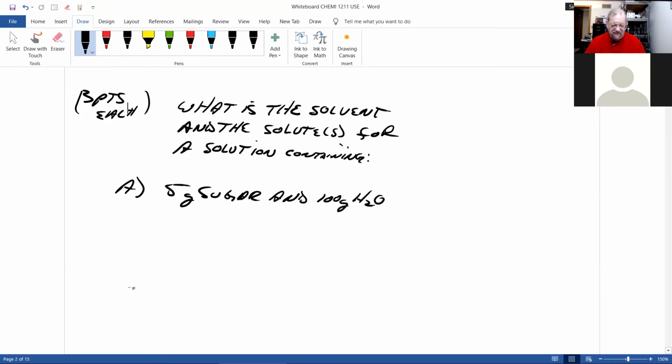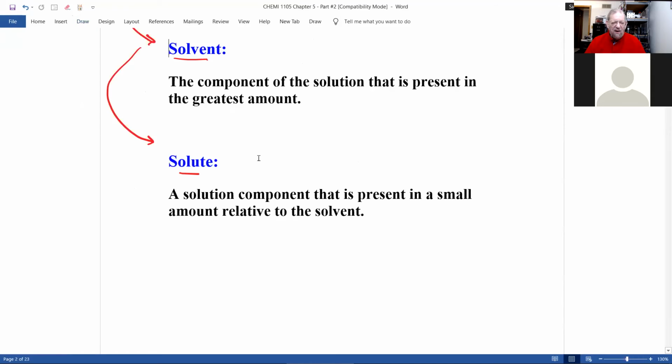Well, let's refresh your memory. Solvent, the component of the solution present in the greatest amount. Solute, a solution component that's present in a smaller amount relative to the solvent.